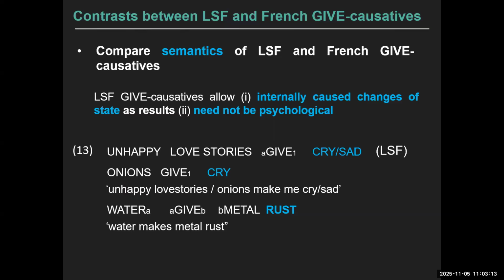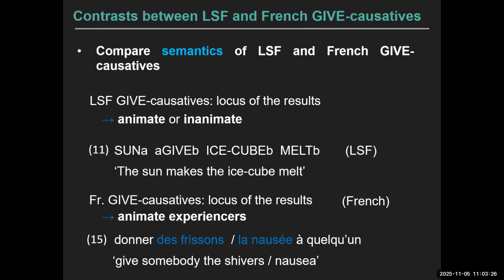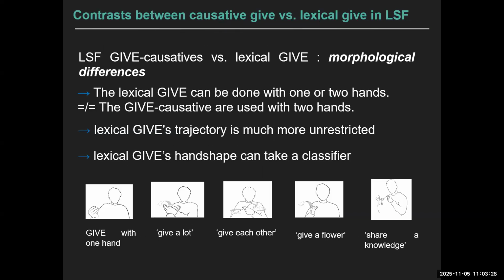So for example, we can have water give metal rust in LSF, or unhappy love stories give cry sad. So we can't do this in spoken French. I will skip this.